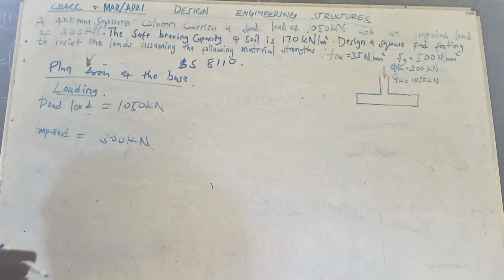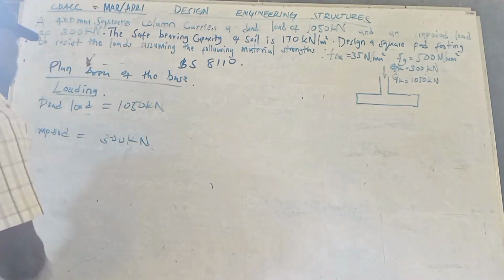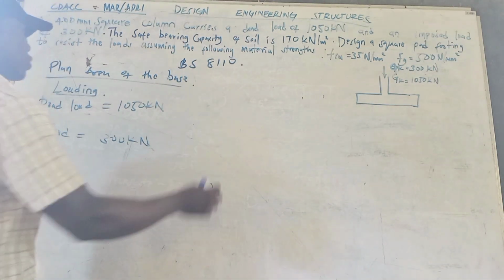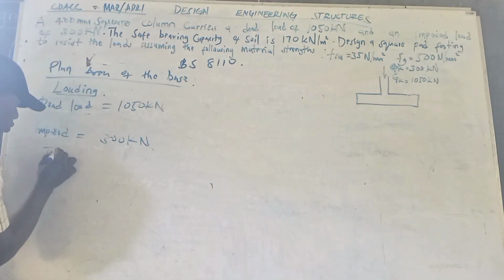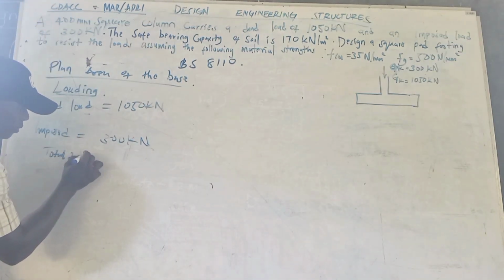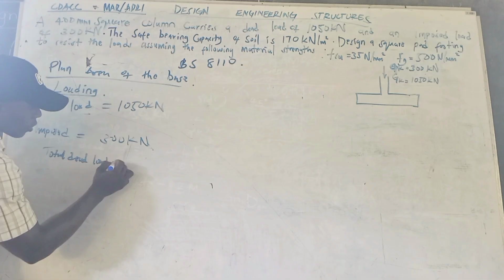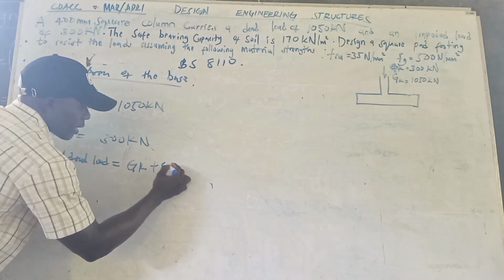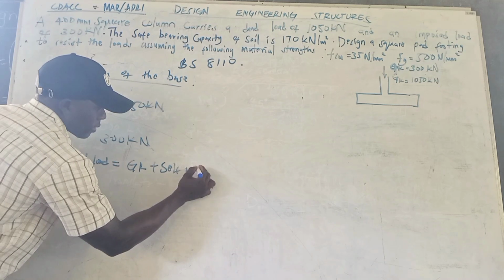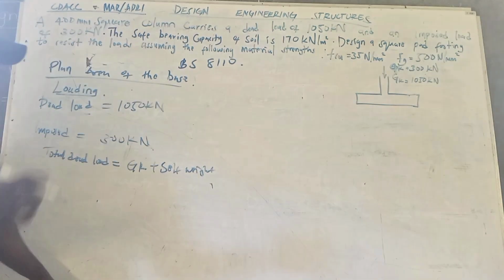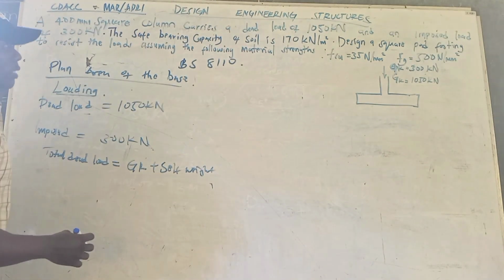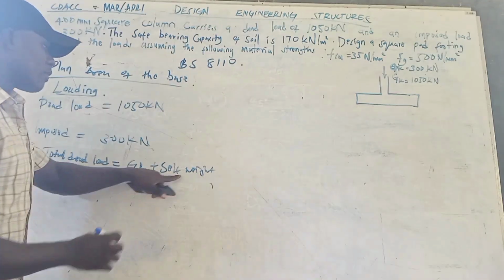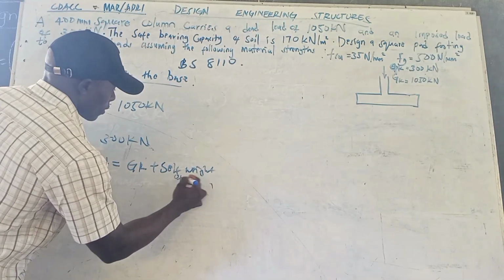But first, we have to work out the total dead load. How are we going to do this? The total dead load would be the Gk plus the self weight. The dead load given there plus the self weight of the footing.